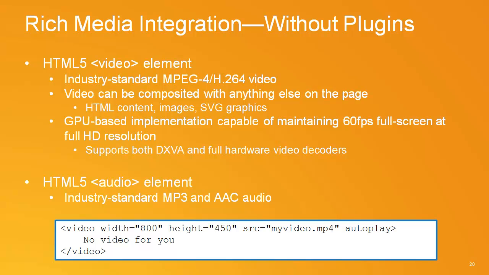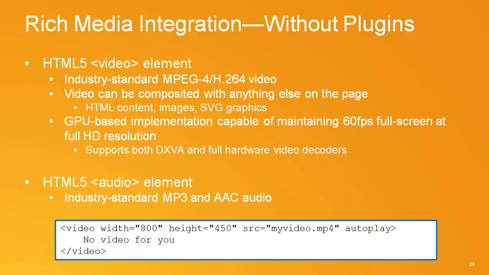So here we have some HTML5 video elements with support for industry standard MP4 and H.264 high definition. We also have video that can be composited with anything else on the page. That means that we will be able to use the video as a brush for content in the website or the applications, meaning content, images, and SVG graphics.